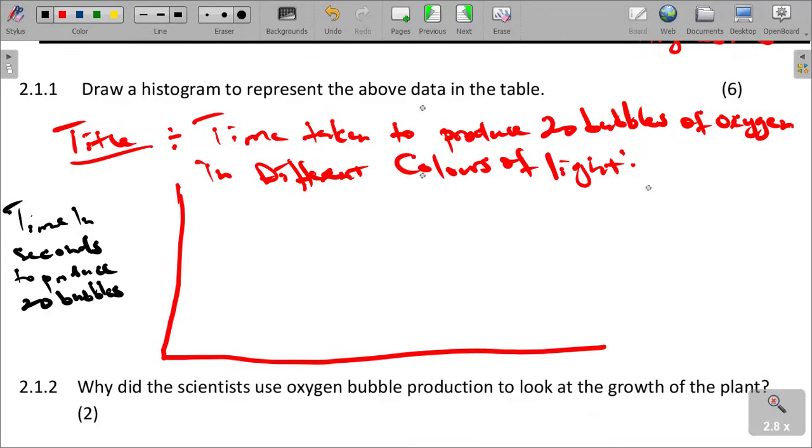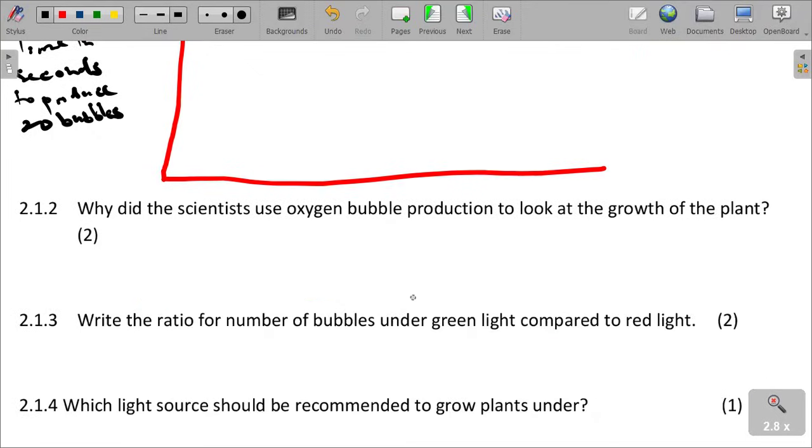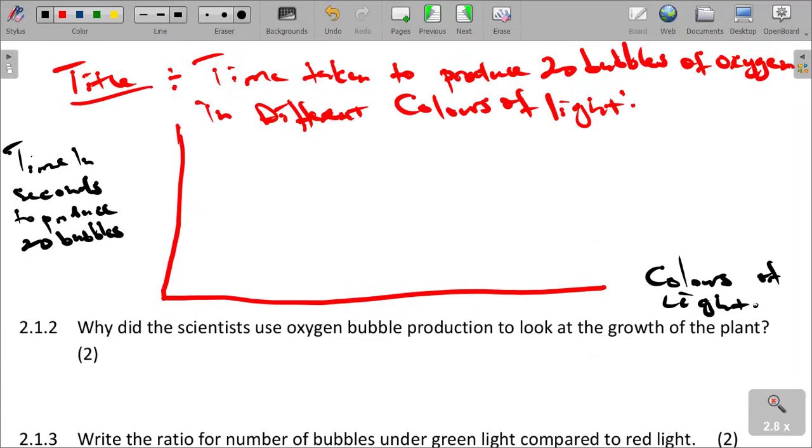And then on the horizontal axis, we also need to know that these are the colors of light. We have the colors of light on the horizontal axis, so we can draw our graph.